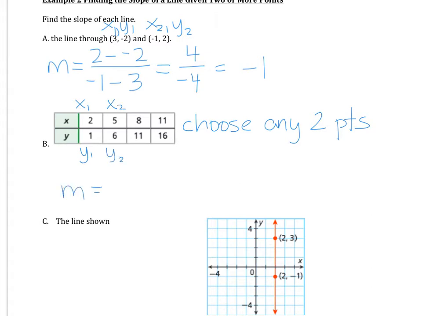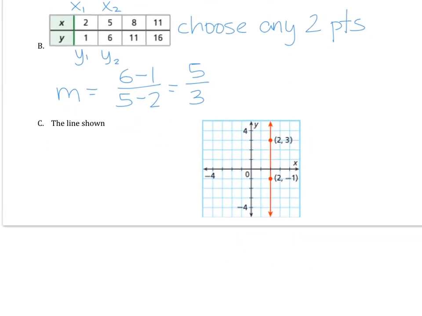So my slope is y2 minus y1 over x2 minus x1. 6 minus 1 is 5. 5 minus 2 is 3. So it's 5 over 3. You want to make sure if it is not in the most reduced form that you do that.